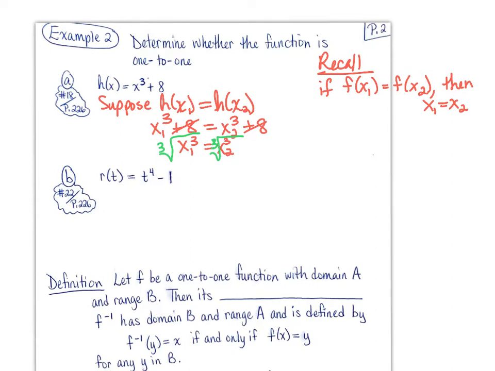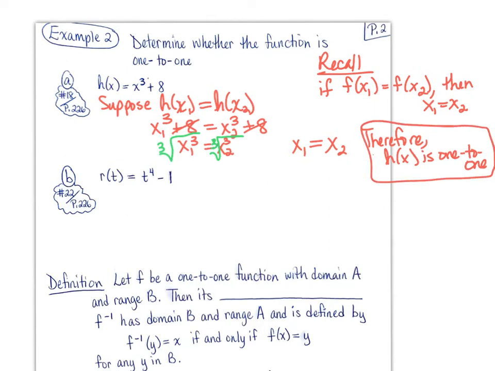What's the cube root of x1 cubed? X1, right? So we get x1 is equal to x2 as desired. So that means h is what? Very good. That means h of x is one-to-one. Okay? Good.